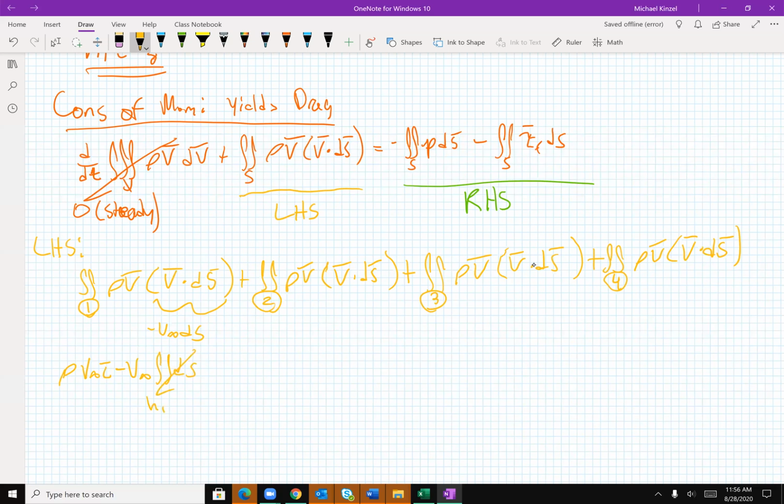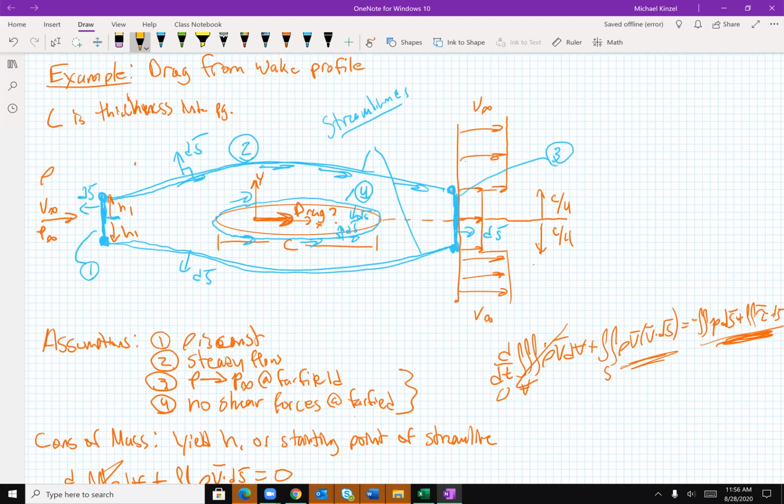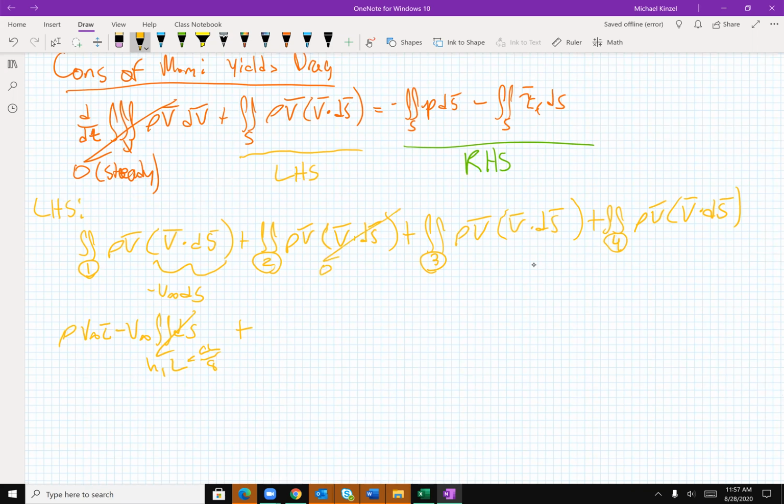Again, this is going to be H1L or CL on 8. The second term, remember, is the streamline, where that term equals 0. So that's going to equal 0.